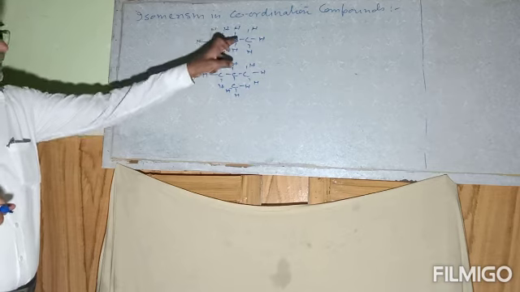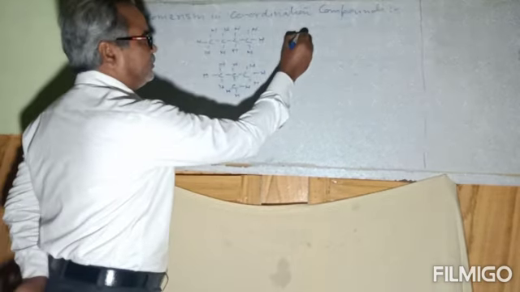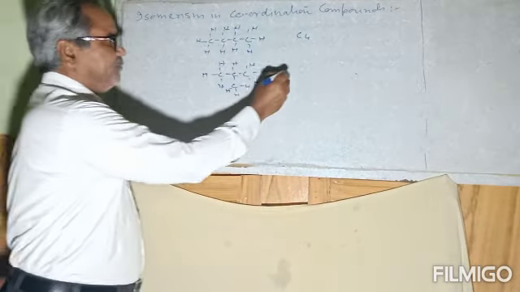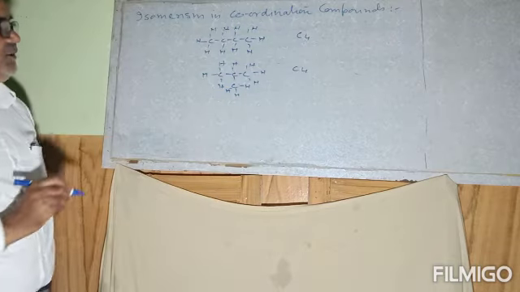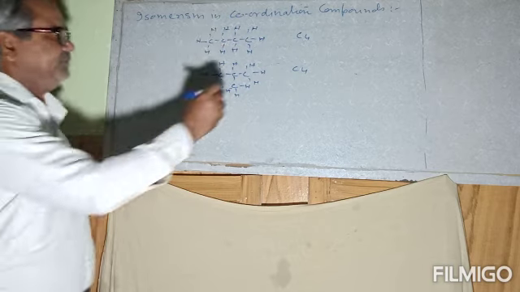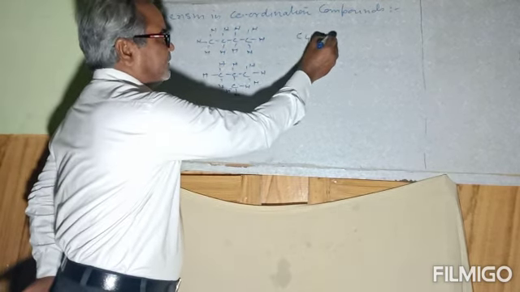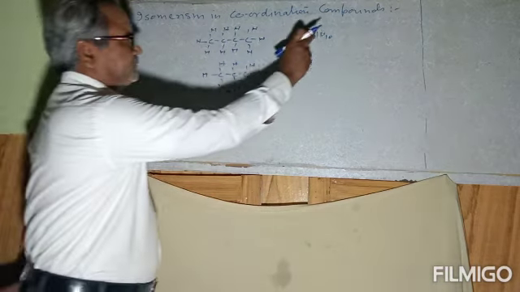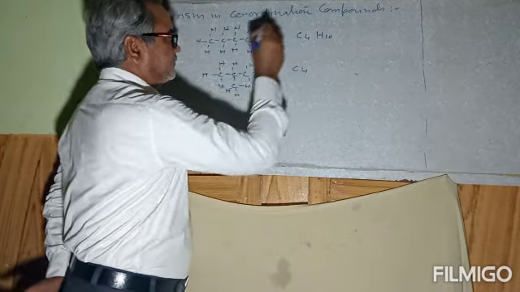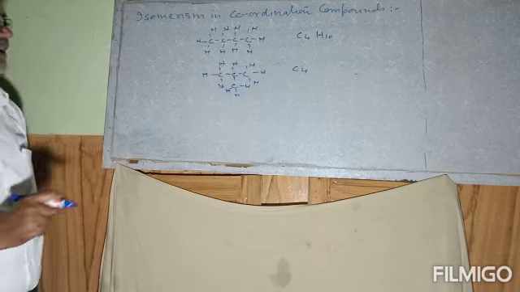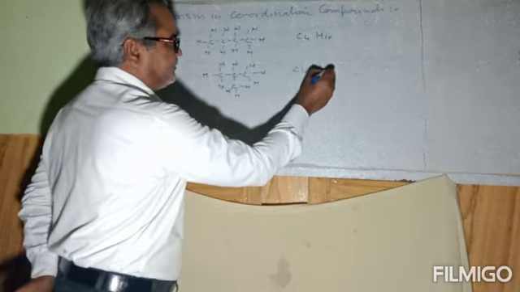The number of carbon atoms in this compound is 4 and the number of carbon atoms in this compound is also 4. Number of hydrogen atoms in this compound is 1, 2, 3, 4, 5, 6, 7, 8, 9, 10. Therefore, the molecular formula of the compound is C4H10. And here also the number of hydrogen atoms is 10. So the molecular formula of this compound is also C4H10.